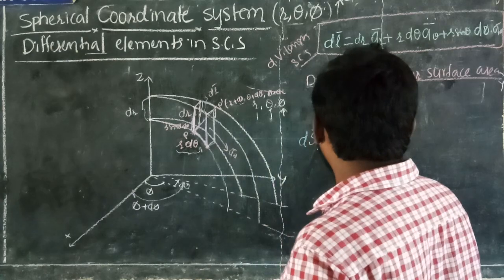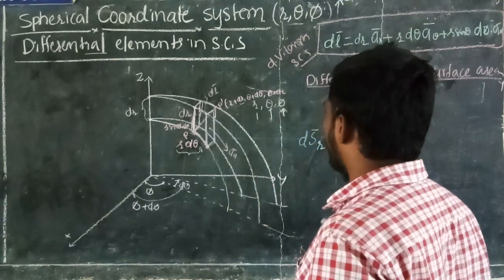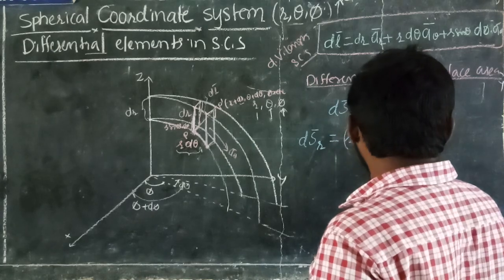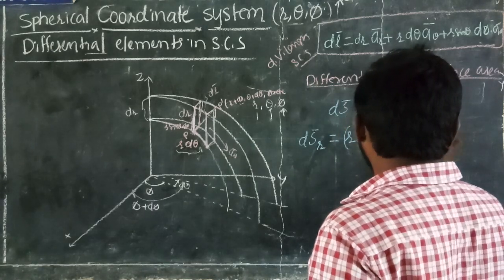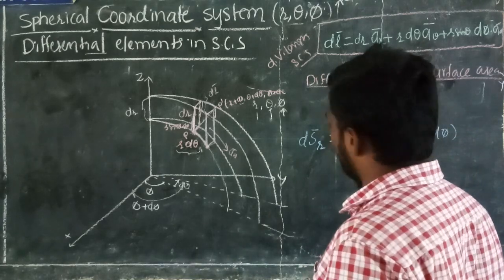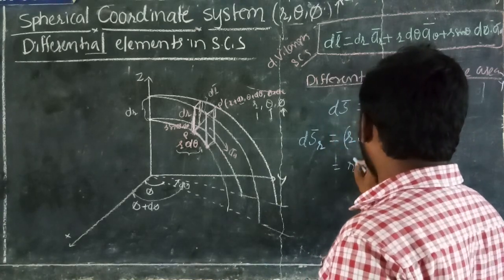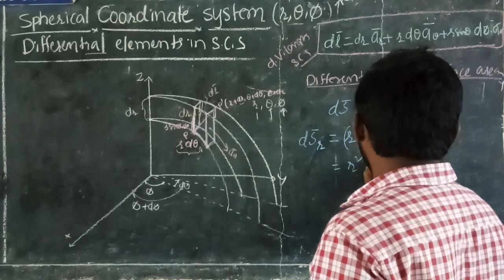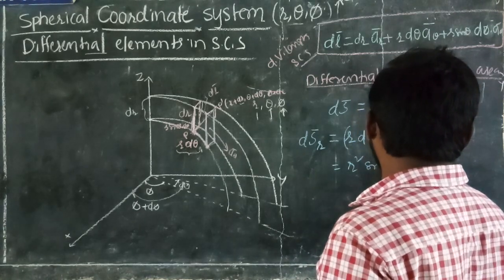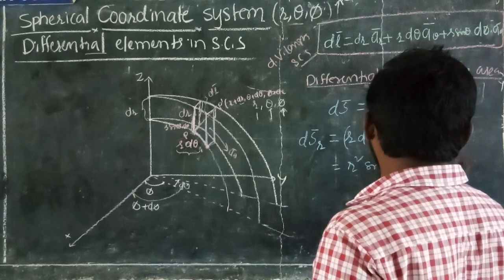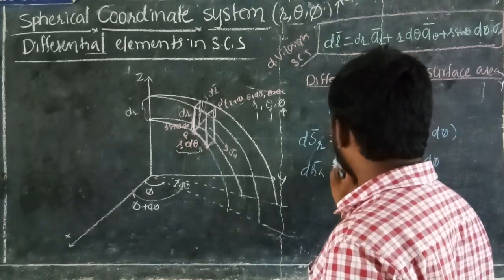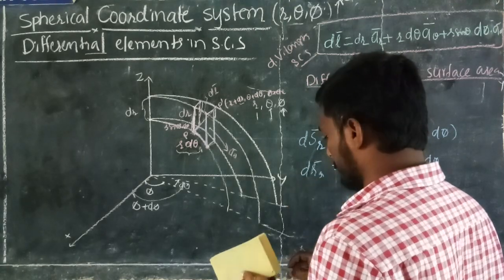So r into d theta is the length, and the breadth is r sin theta d phi, which becomes r square sin theta d theta d phi. Very important formulas.